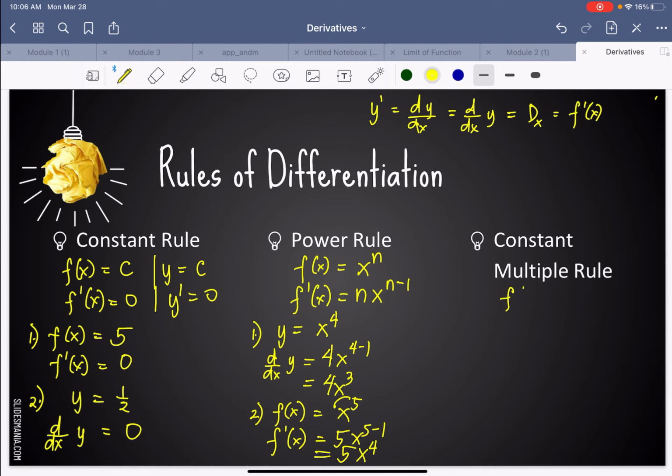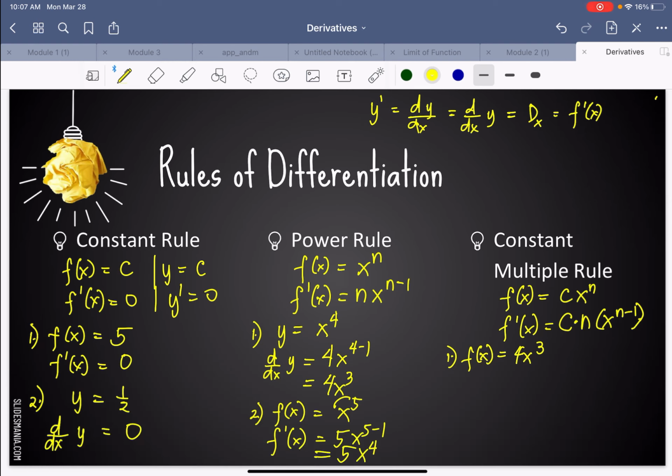If the given f of x is equal to a constant times x raised to n, so we have a coefficient greater than 1, just simply multiply the exponent n to the coefficient: c times n times x raised to n minus 1. So that's the formula. So example number 1, f of x is equal to 4x cubed.